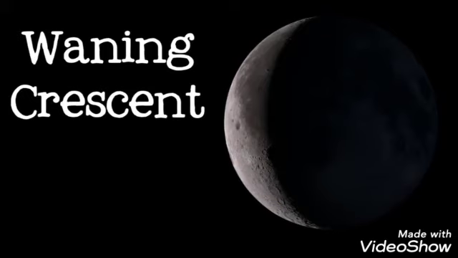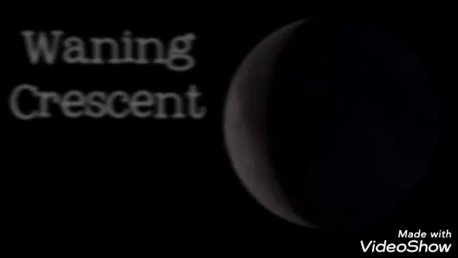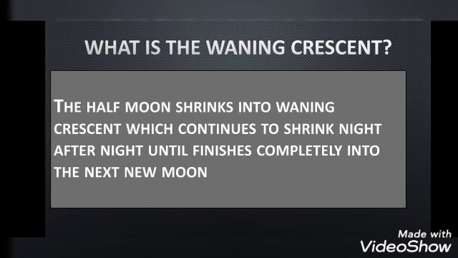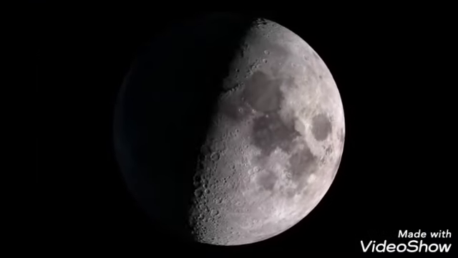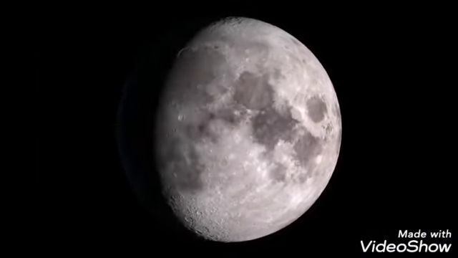Now, let's go to the meaning of waning crescent. As we know, waning means shrinking or getting smaller, and crescent means that less than half of the moon's face appears bright.